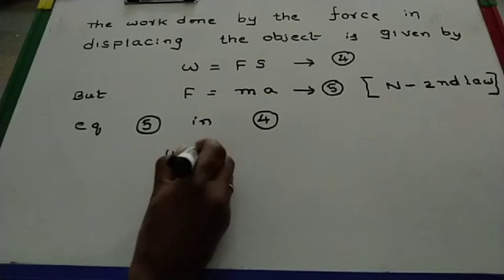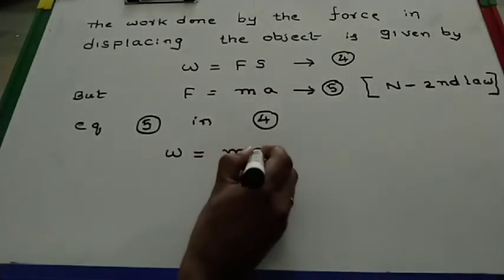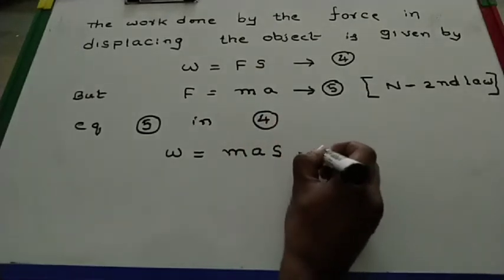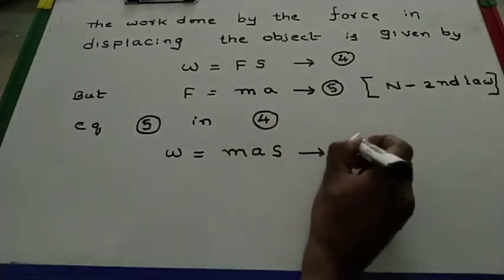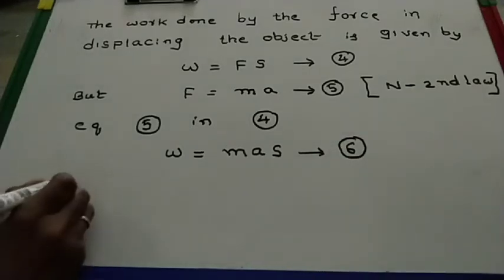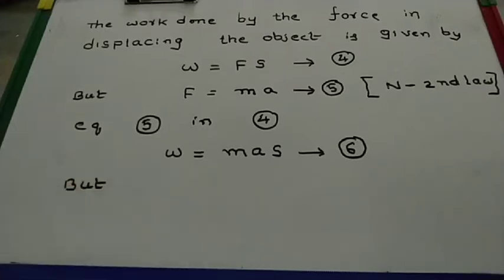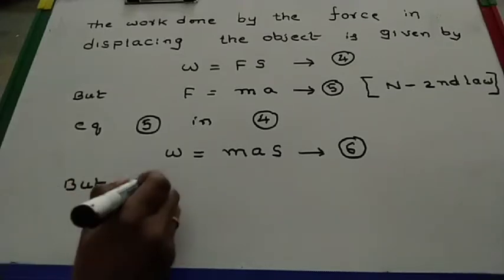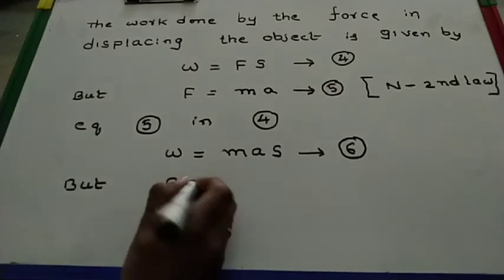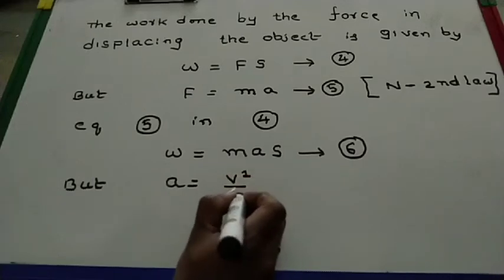W is equal to, what is F? ma into S, as usually we wrote here. Consider this is equation number 6. But A is equal to V square by 2S.